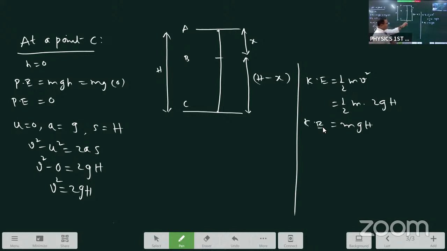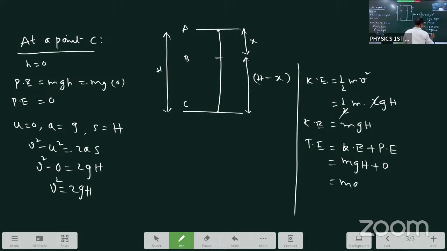So kinetic energy is half mv square, with v square being 2gH. The 2 cancels. Then what remains? mgH. So total energy is equal to KE plus PE. KE is mgH plus PE. PE is 0. That is mgH.